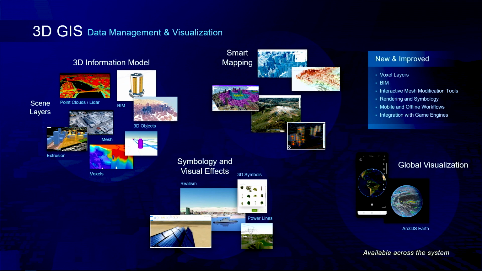Such 3D data may be stored as database features in BIM files and LAS datasets, but also as web scene layers based on I3S, a tiled and streamable format for fast visualization over the web, which is also an OGC standard. 3D data supports smart mapping and data-driven visualization and can be used in global as well as local scenes. Recent advances include support for materials and physically based rendering, new 3D symbol sets, and the addition of voxel layers to the model, as well as interactive mesh modification tools and the integration with game engines that you heard about and saw yesterday.